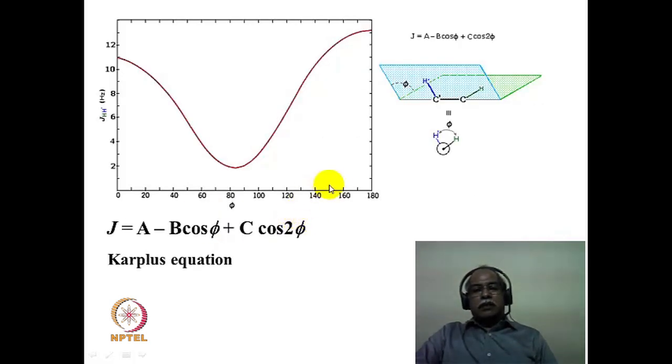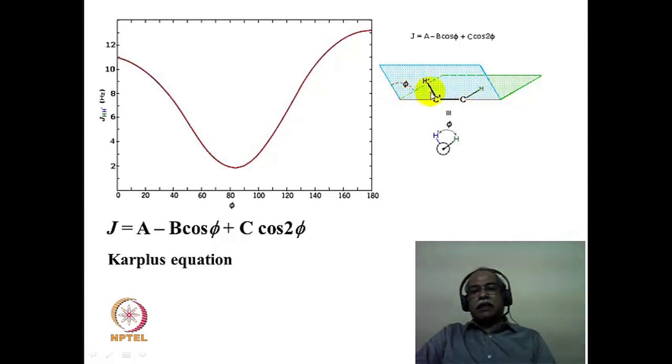Now this is a diagrammatic representation of the Karplus equation, which relates the J value to the dihedral angle in a cosine type of relationship. What is the dihedral angle? The dihedral angle is the angle obtained by the two hydrogens which are on adjacent carbon atoms. In other words, if you look at this picture, this is like an open book kind of conformation. The dihedral angle is this particular angle denoted by phi here, between this hydrogen and this hydrogen.